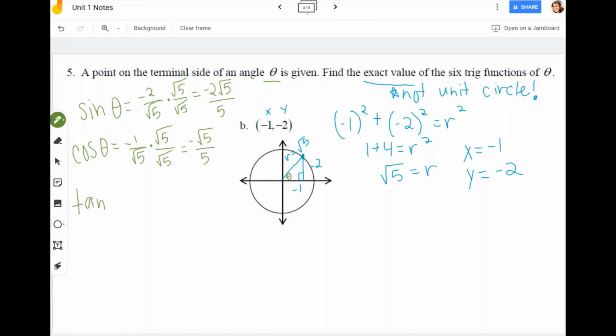And then we have tangent theta. So that is our y over x. This one is nice and easy. Simplifies to +2. Now we can think about the other trig functions, so using those reciprocals. So we have cosecant of theta. So if we look at what we got for sine and we flip it, and again we have to multiply.